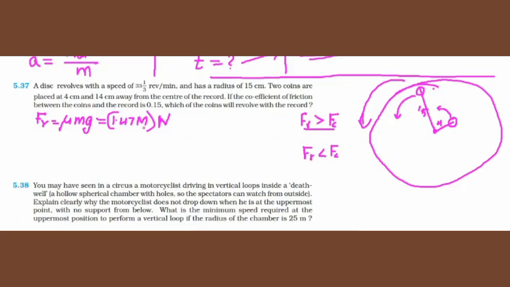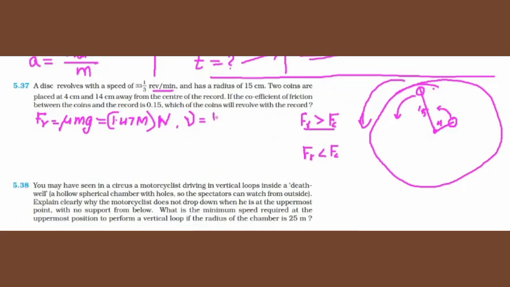Okay. Now centripetal force. How to find centripetal force? What is that quantity given? Revolution per minute. One of the previous problems I told, revolution per minute means it is frequency. So frequency nu is equal to 33 1 by 3 revolution per minute.